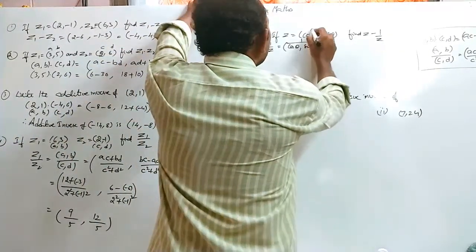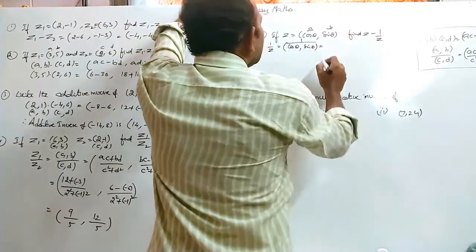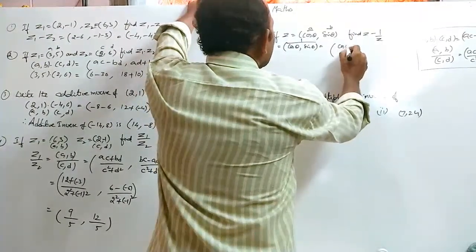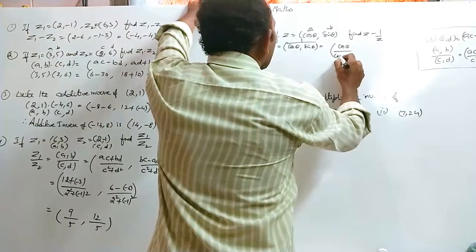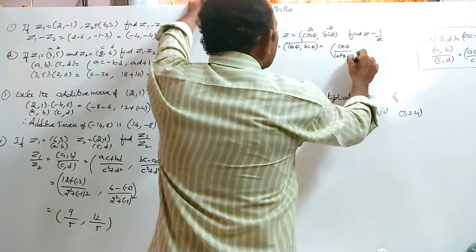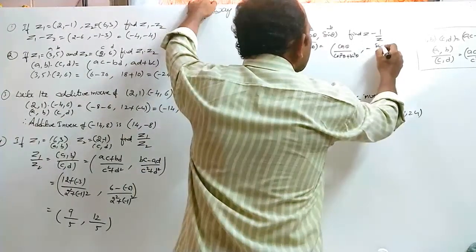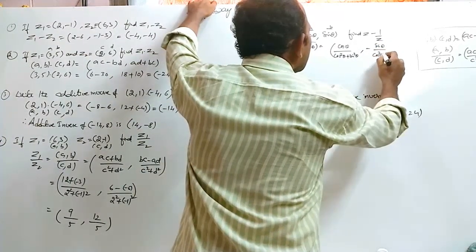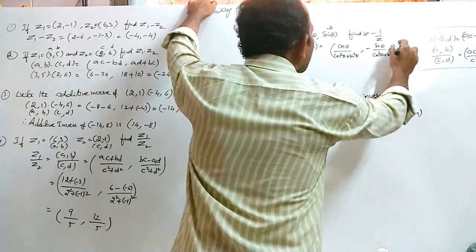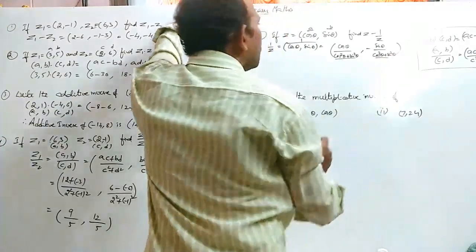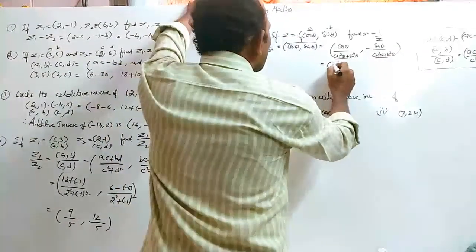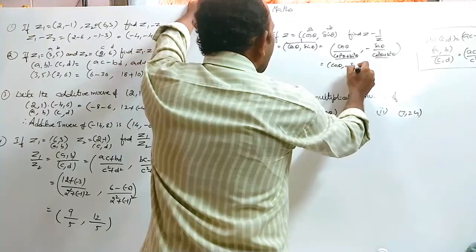Here a is cos θ, b is sin θ. Therefore cos θ by cos²θ + sin²θ, comma, -sin θ by cos²θ + sin²θ. Here cos²θ + sin²θ becomes 1. Therefore it is simply (cos θ, -sin θ), which is nothing but 1/Z.